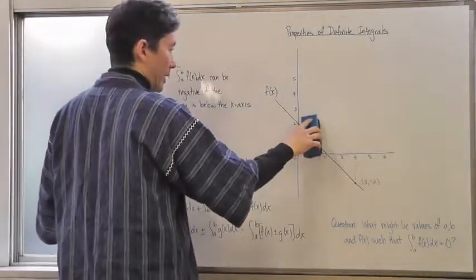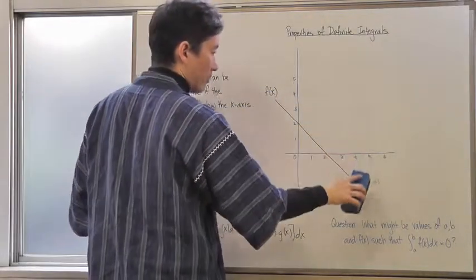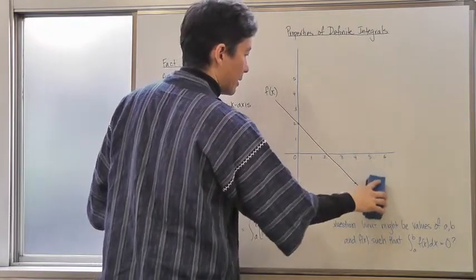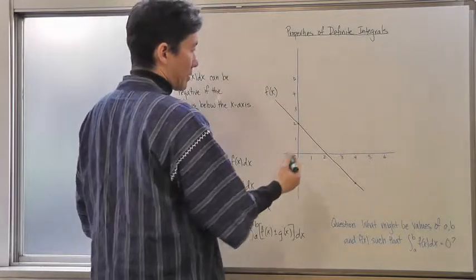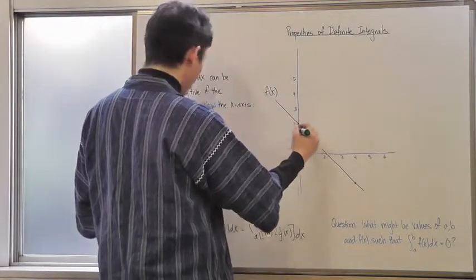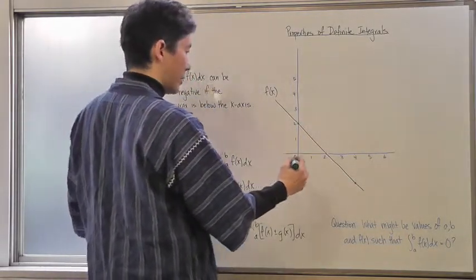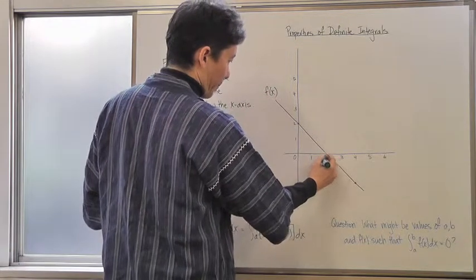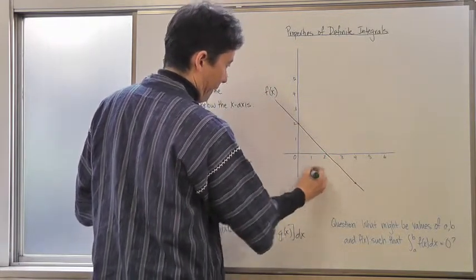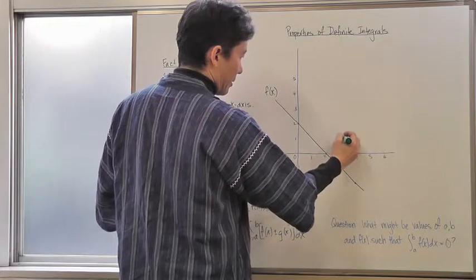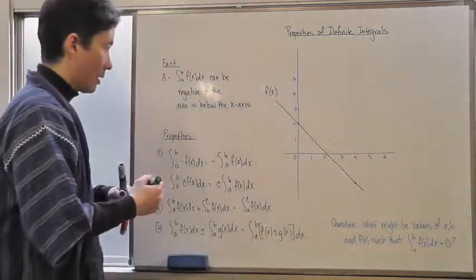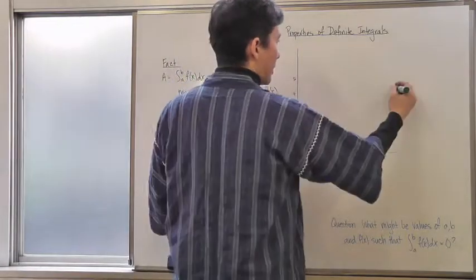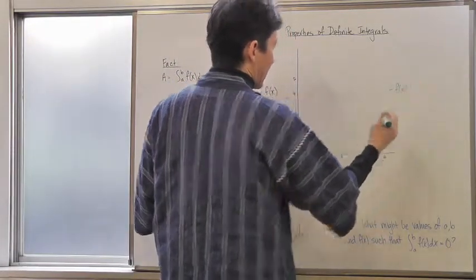If we were to determine what the opposite of f of x is, it would be this. It's a reflection about the x-axis. That's what the opposite of f of x looks like.